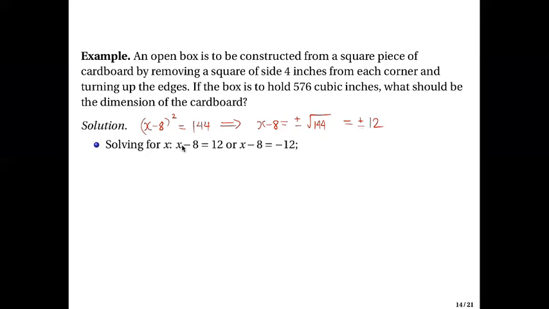And then you solve for x. Sorry? Yeah, I have a question. Sure. I didn't understand where the minus 8 comes from. It's from here. Let us go back to the box.